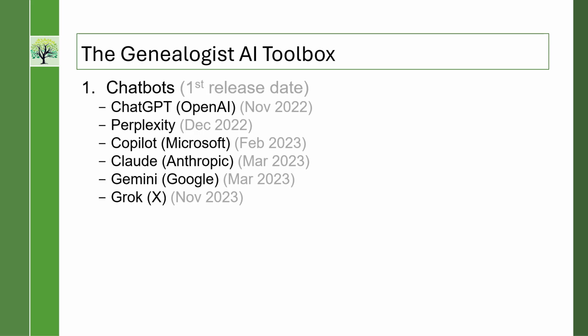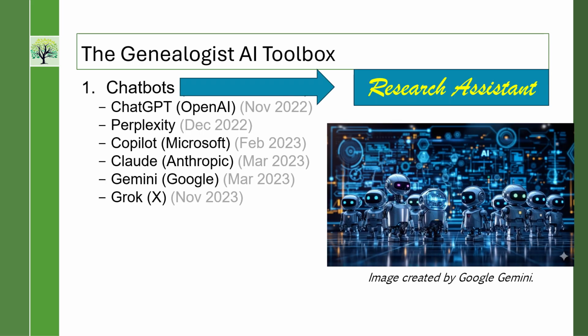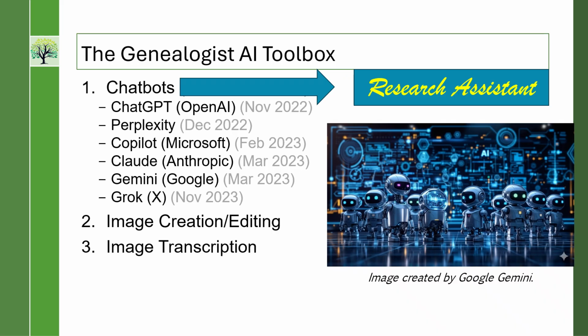Remember, they don't do the research for you. They're your assistant. All my little robots there are helping me, but they're not doing my research. There are some specialized AI tools out there that have been around longer and that you may have used before. Some are for image creating and editing. Some are for transcription, such as Transcribus, which was one of the first that showed up on the market for transcribing.